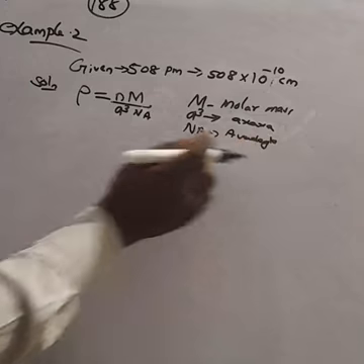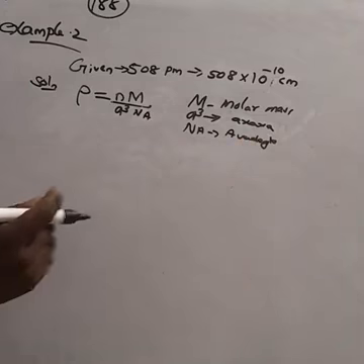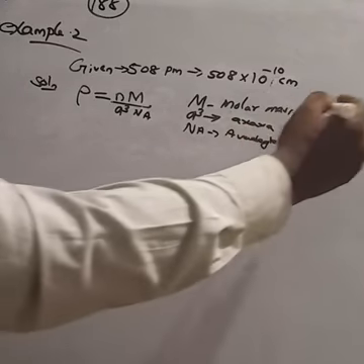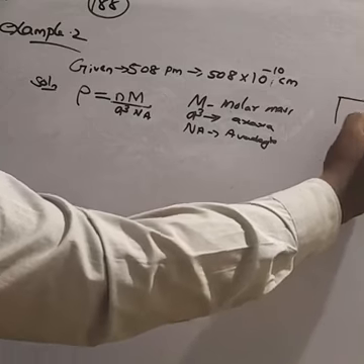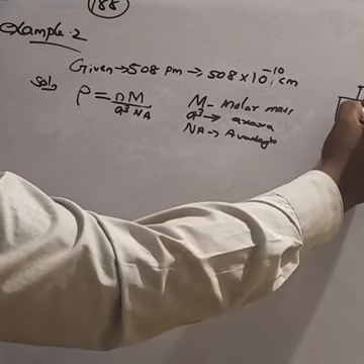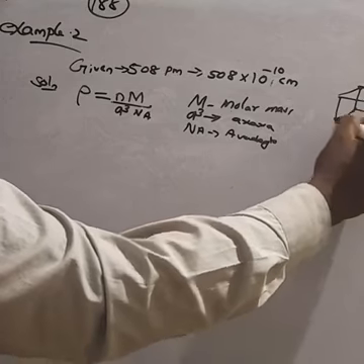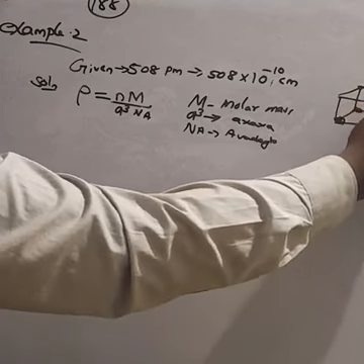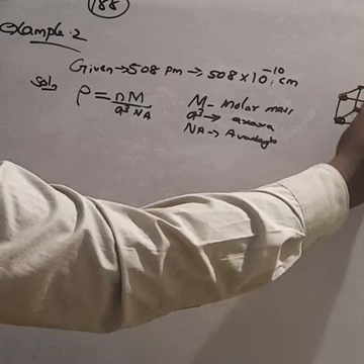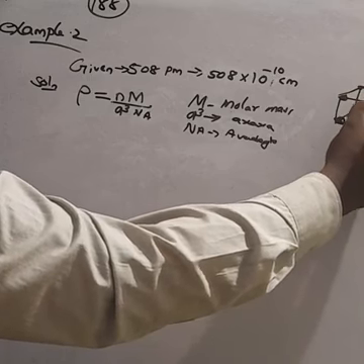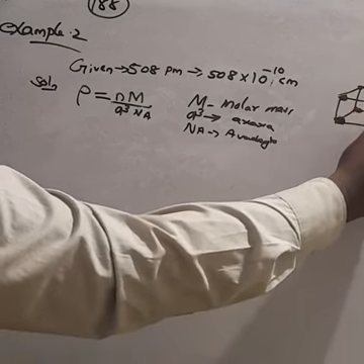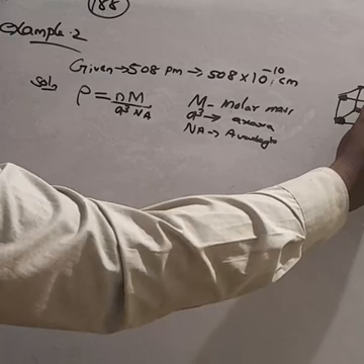How can you find the n value? First, I am drawing a small cube. This is the body-centered BCC arrangement. Each corner has an identical atom, and the center also has one atom. That is the body-centered cube.